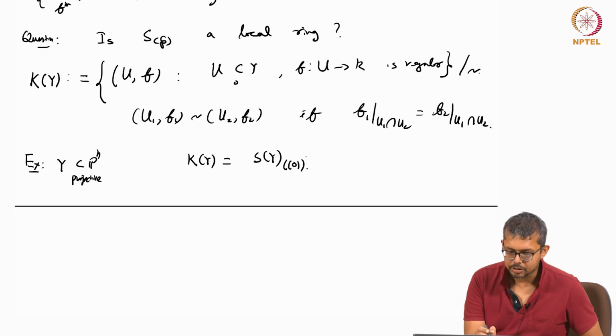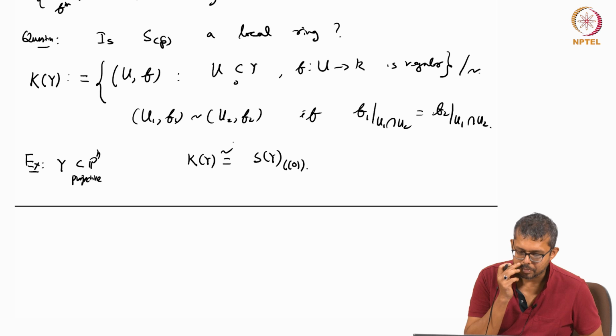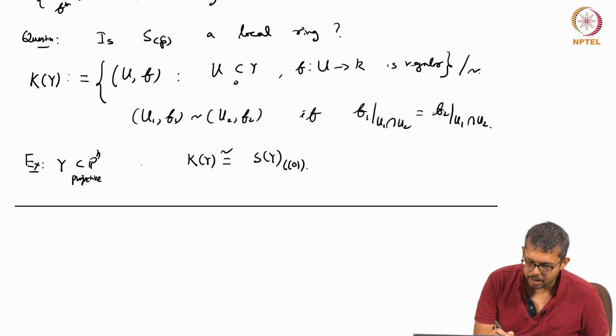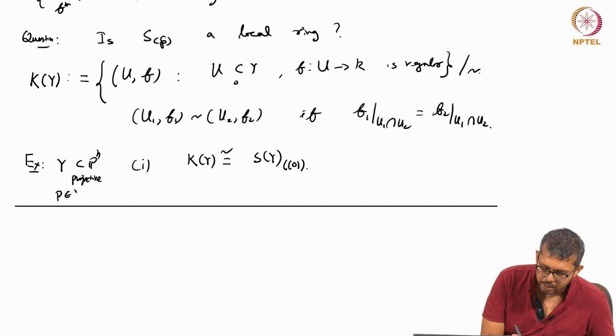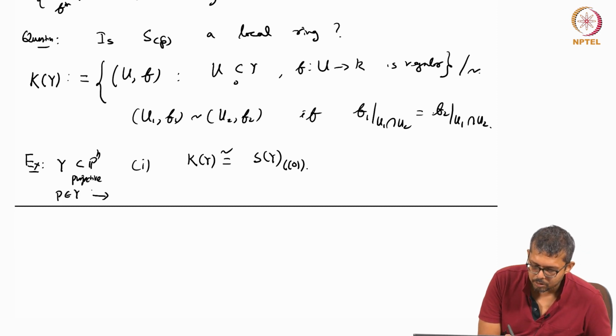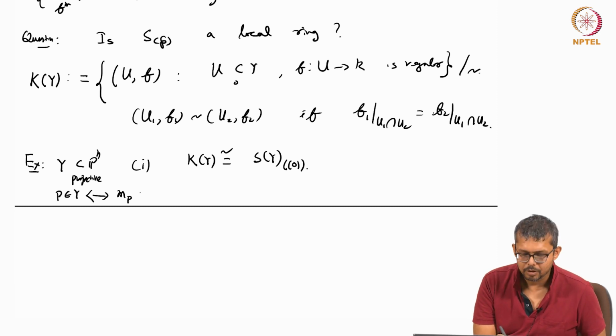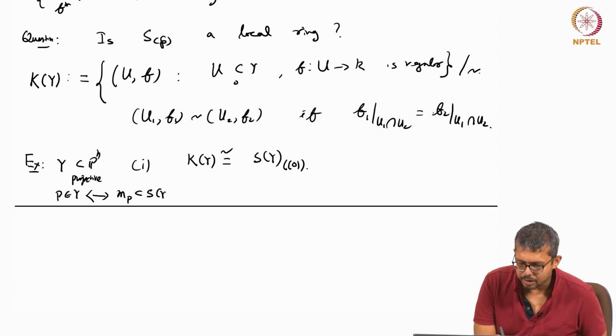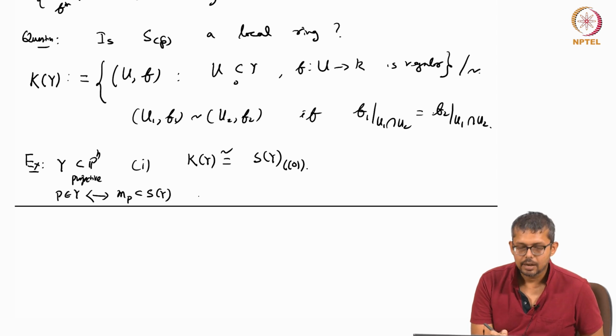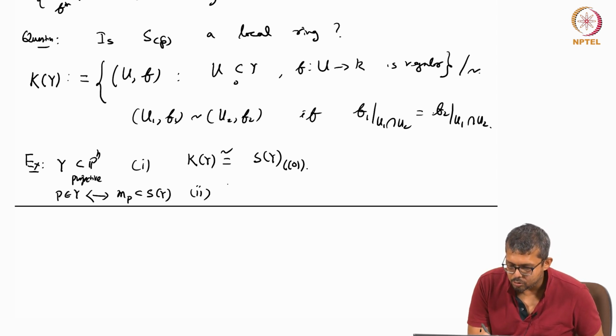This is one part. Another part is that you can talk about, for every point P in Y, by the Hilbert Nullstellensatz it corresponds to some maximal homogeneous prime ideal of S(Y), right? Now, what is O_{Y,P}?